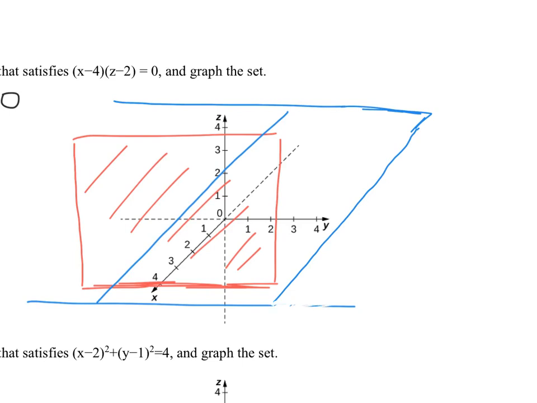Get rid of that because I don't need it. And again, maybe something like that. And then just blur your vision a lot. And then you can kind of see.